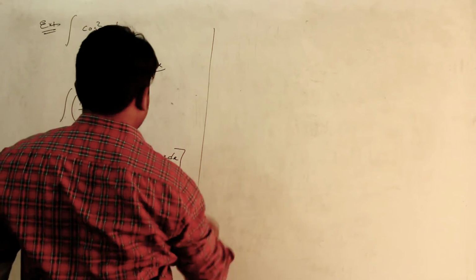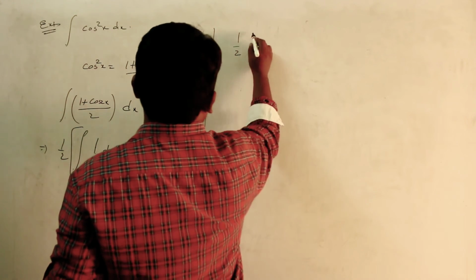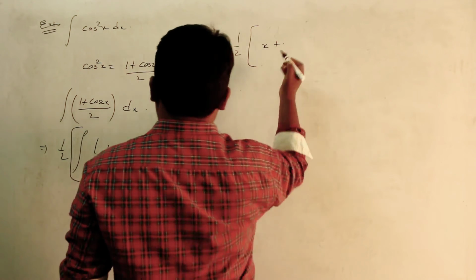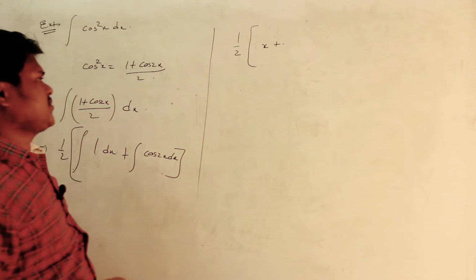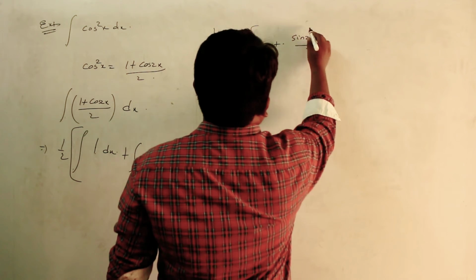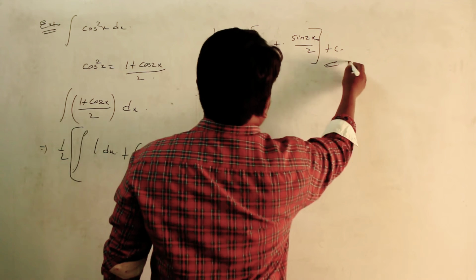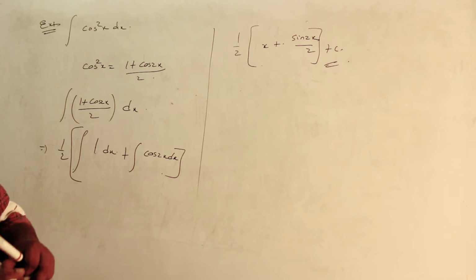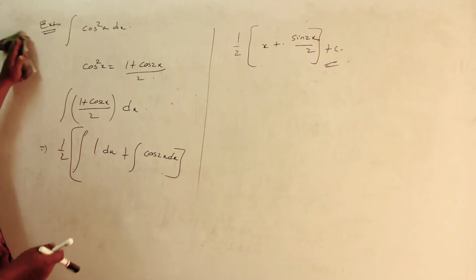Therefore again we will get half of integration of 1 dx is x plus integration of cos 2x is sine 2x by 2 plus c. This is our answer. Further we can simplify this one, that you can do.